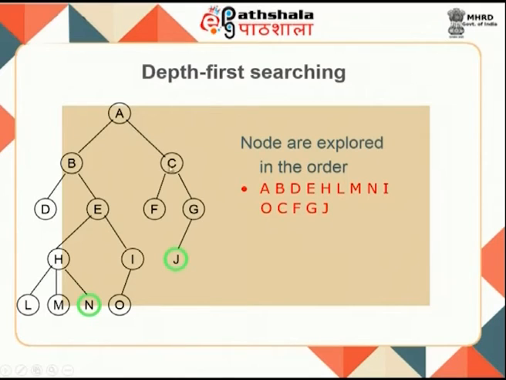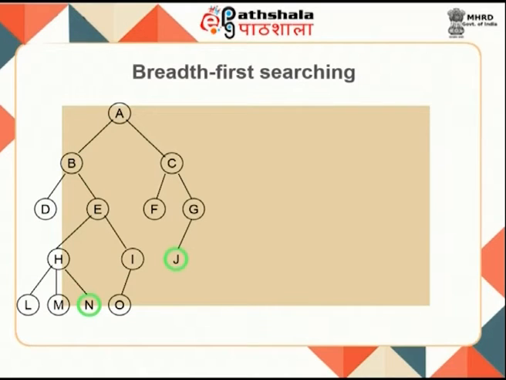Then I visit C, then F, dead end. I backtrack to C, then I visit G as well as J. In other words, the flow is going to be something like this. This kind of search is what we call DFS.